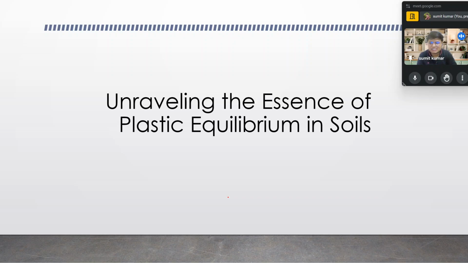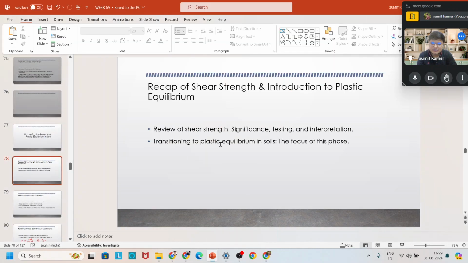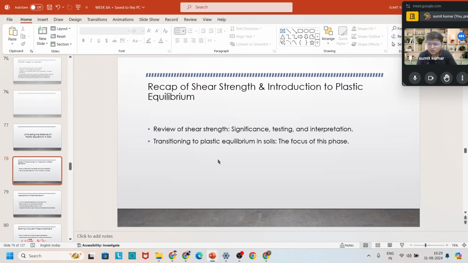When we move to the next section, we talk about the plastic equilibrium of soil, and over here we are talking about the shear strength, introduction of plastic equilibrium.